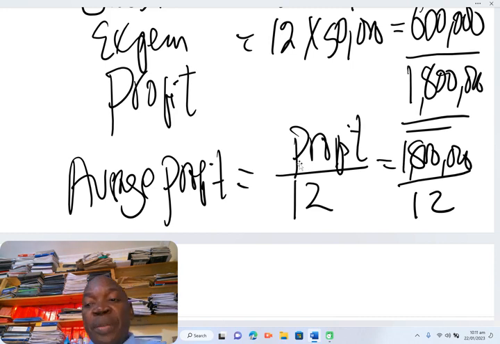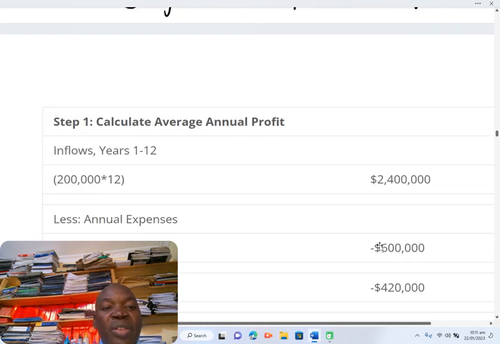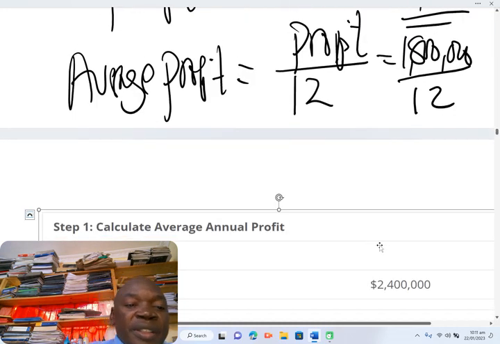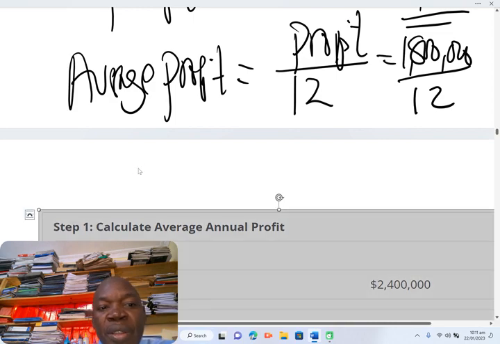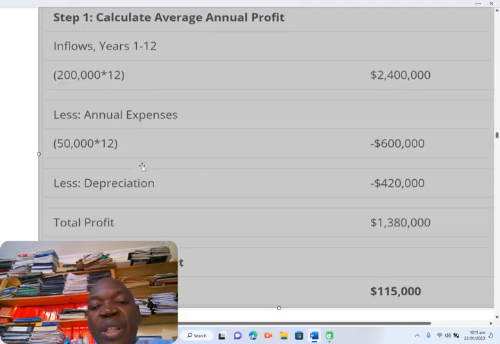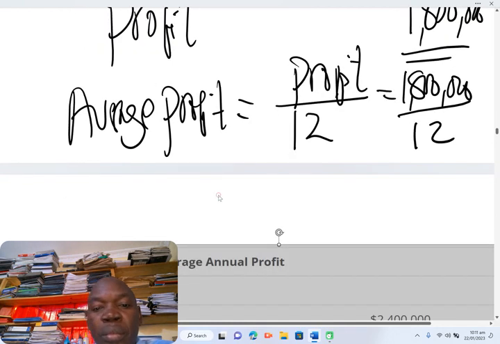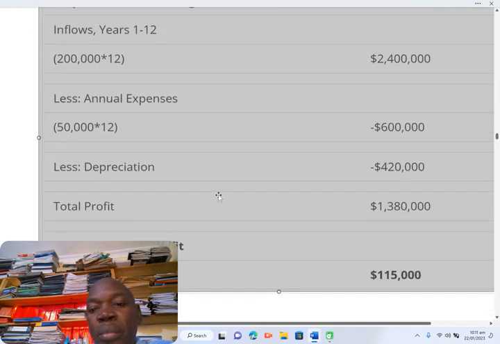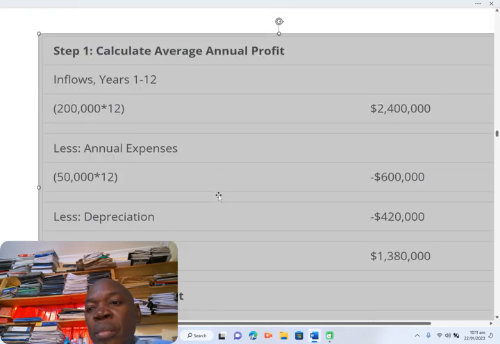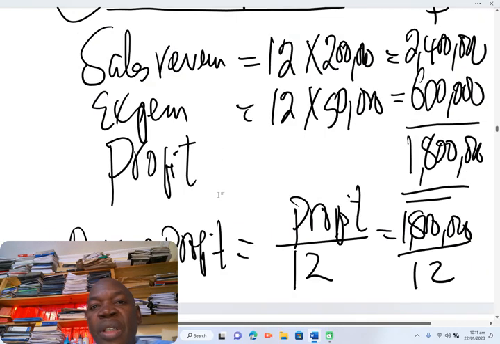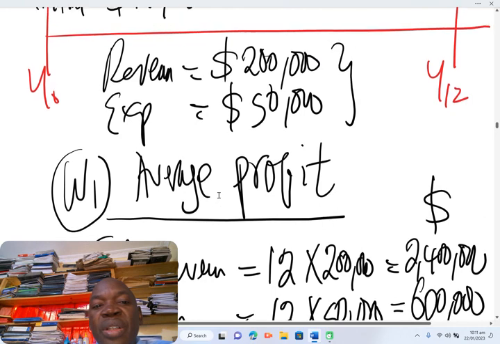You get 150. So average profit can now be computed here.